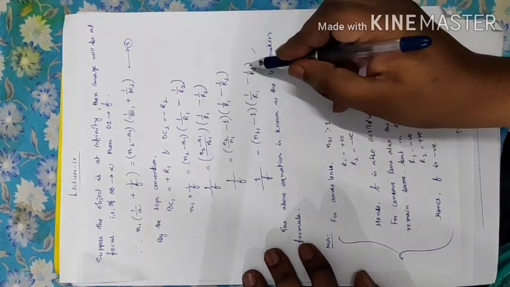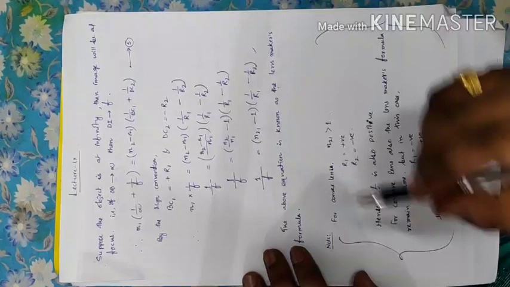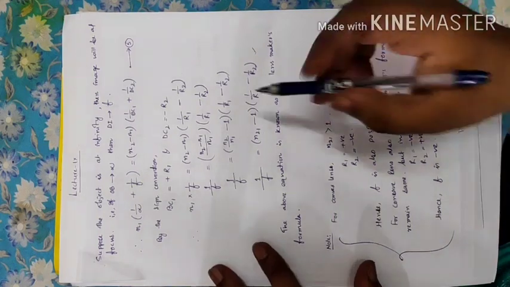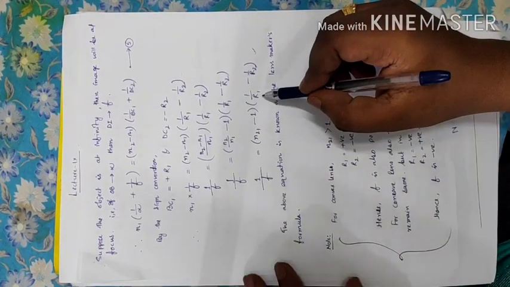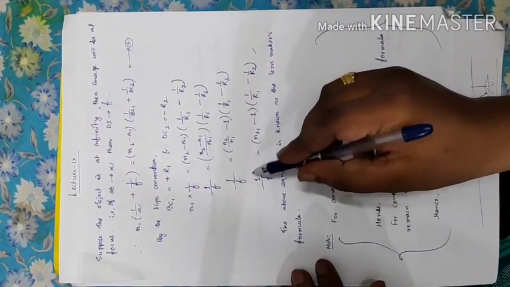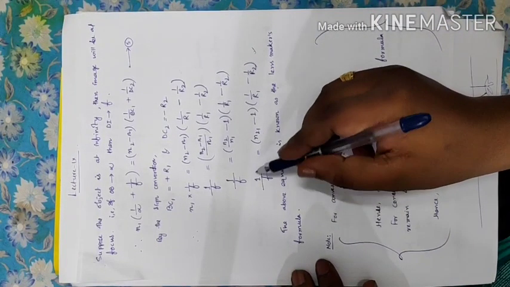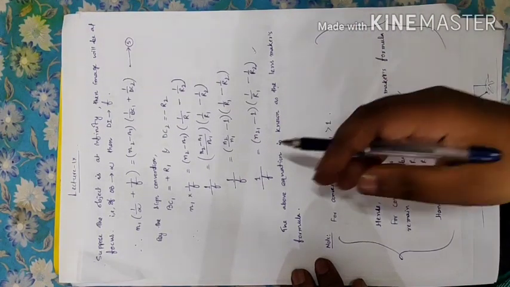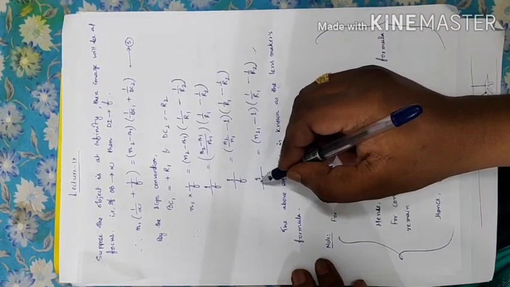So 1 by f equals (n21 minus 1) times (1 by R1 minus 1 by R2). This is called the lens maker's formula, because by changing R1 and R2 we can change this value 1 by f, and this is called the power of a lens.